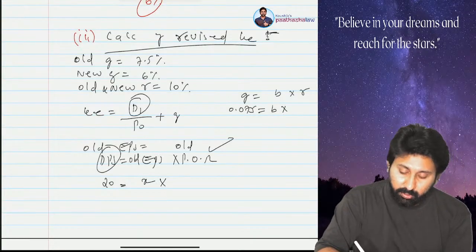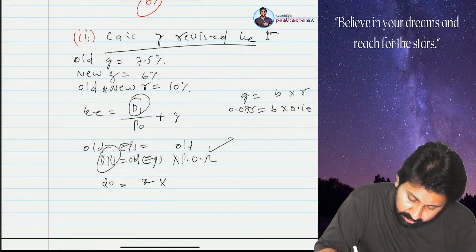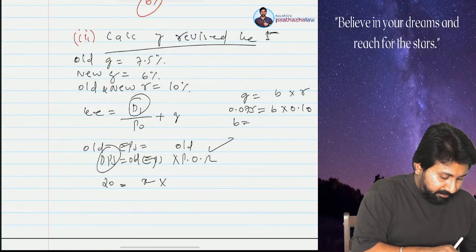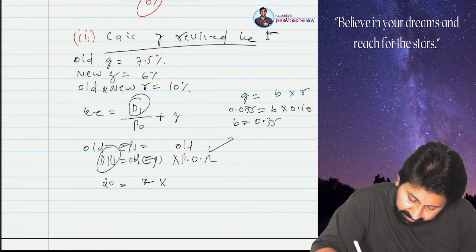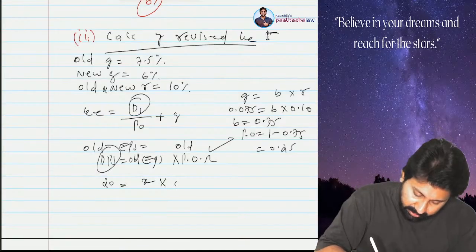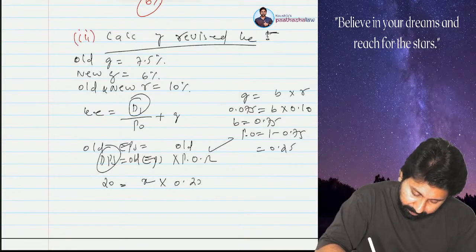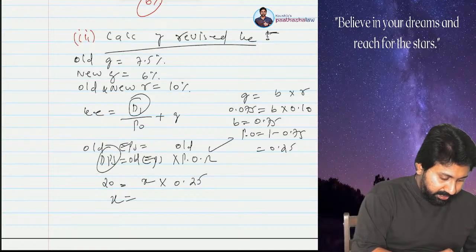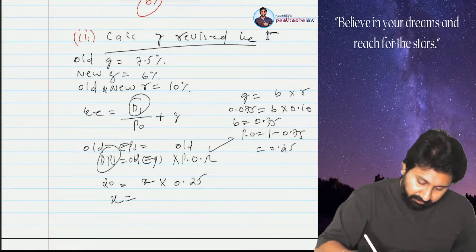We don't know. Rate of return is 0.1. So retention came to 0.075 divided by 0.1, 0.75. So payout equal to 1 minus 0.75, 0.25. So this we have a clarity now. 0.25. So EPS equal to how much? 20 divided by 0.25. How much?